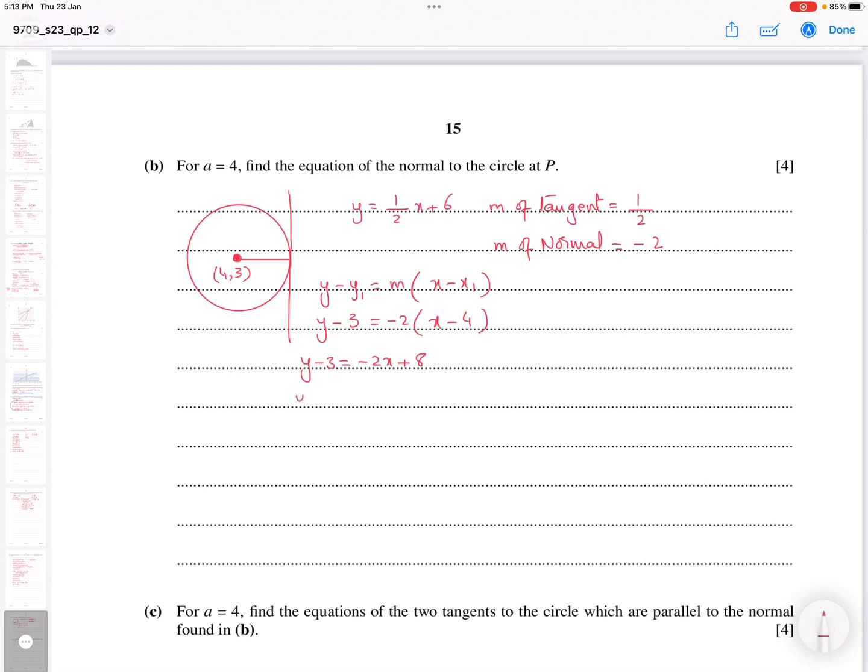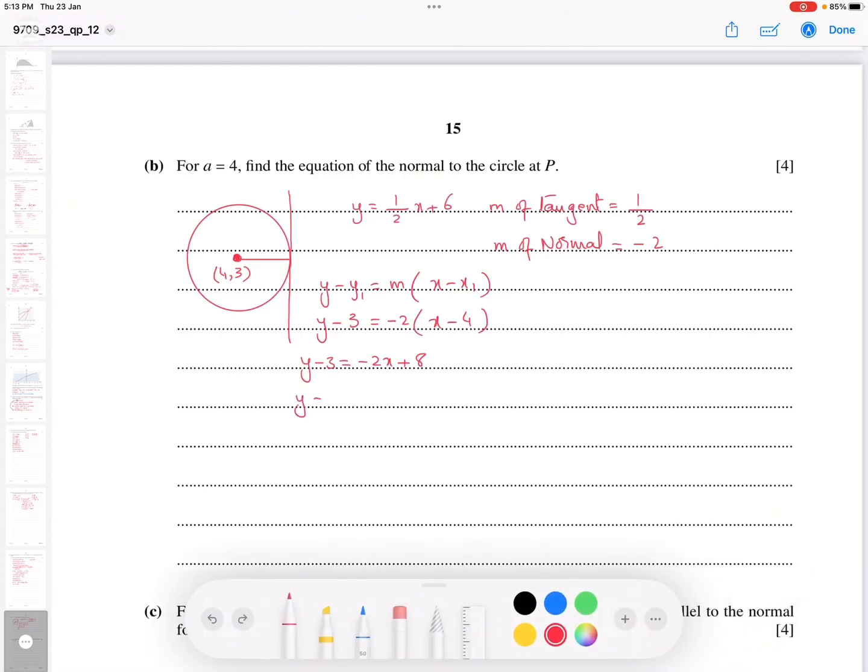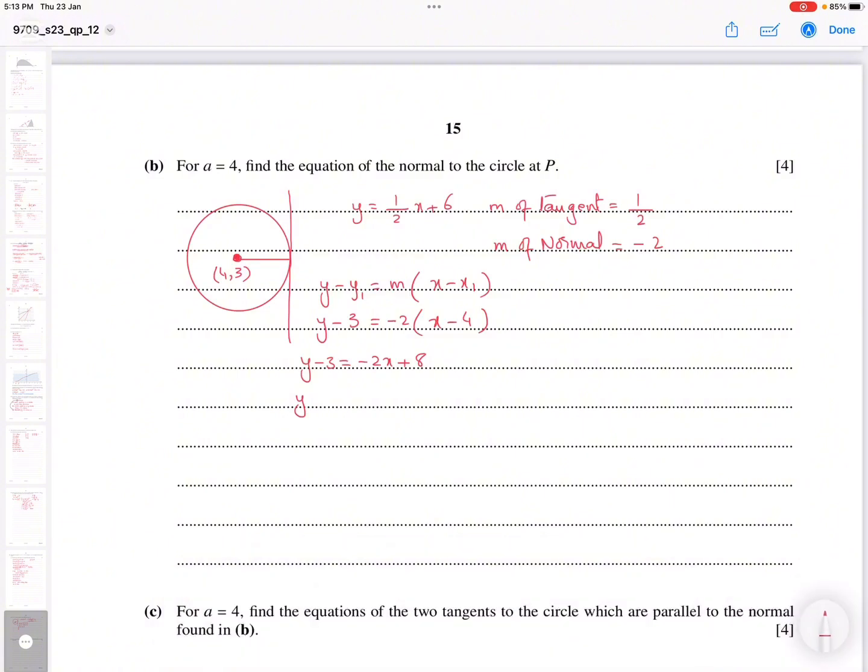So you can turn negative 2x into positive, so you can write y plus 2x is equal to 8 plus 3. So finally you will get y plus 2x equals 11. This is your answer for this part.